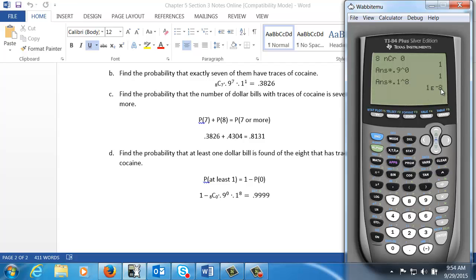That's scientific notation, basically saying I need to move this decimal to the left 8 times, so I've got 7 zeros in front of that 1. But we're going to do 1 minus this number, so 7 zeros and a 1. And we get 0.9999. So a very high likelihood that we would get a cocaine-laced dollar bill.